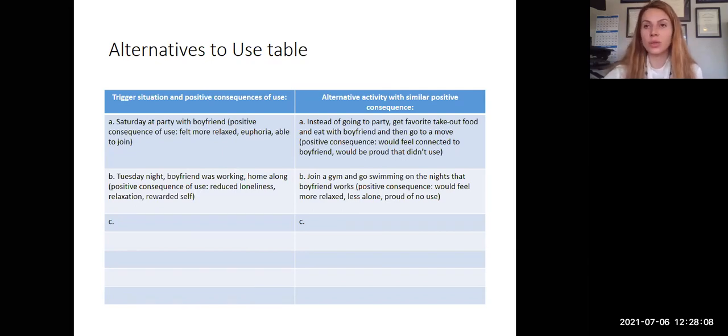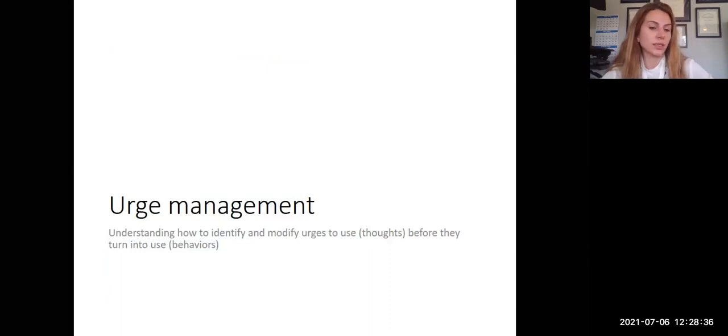So if I know I'm going to be going to this party and I'm likely to be triggered to use, these are the things that I would get out of it. I'd have less social anxiety. I'd be able to dance more freely, or join in with my friends. Here are some other alternatives that we can come up with that you could do instead that would be equally satisfying, because we don't want to encourage people to just remove something. They need to substitute it to be successful. So an alternatives to use table is one way of building in those behavioral contingencies.